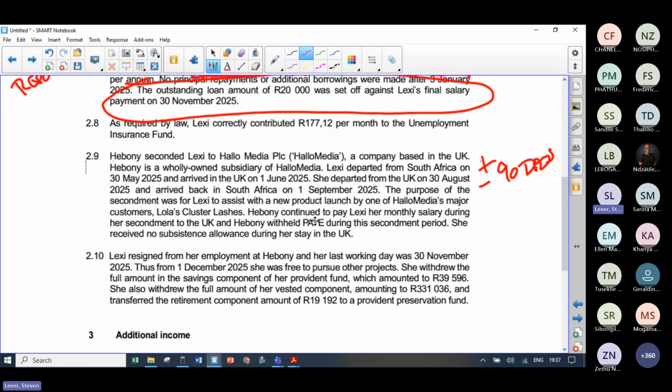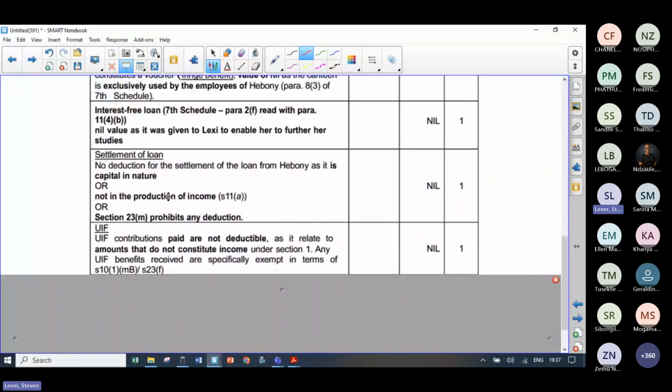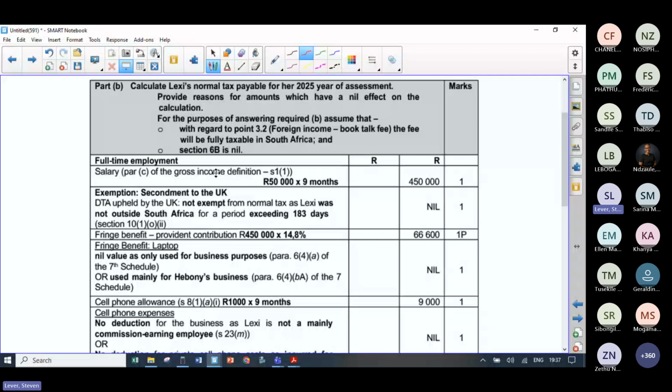Now, guys, here is what happens. You need to write something down. So what they've done in the solution is this. It's right up at the top. So the second line item, it says exemption secondment to the UK. It says Section 10(1)(o)(ii) is not going to apply. Now remember, what does Section 10(1)(o)(ii) say?